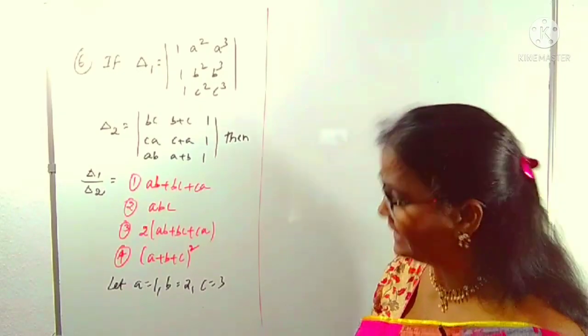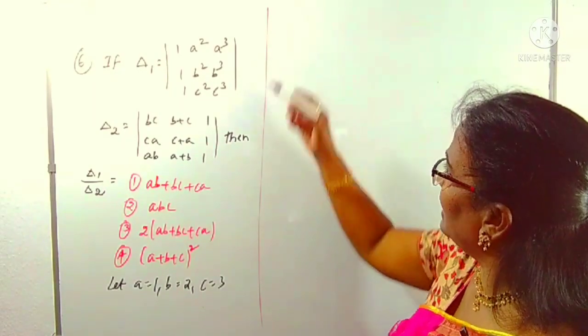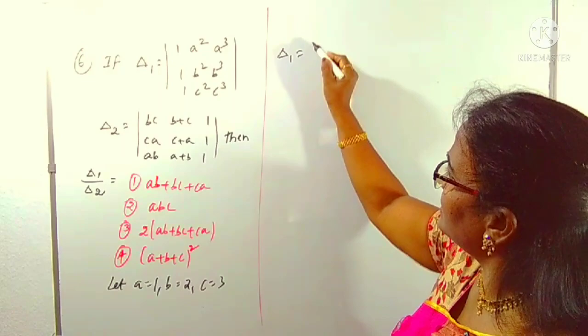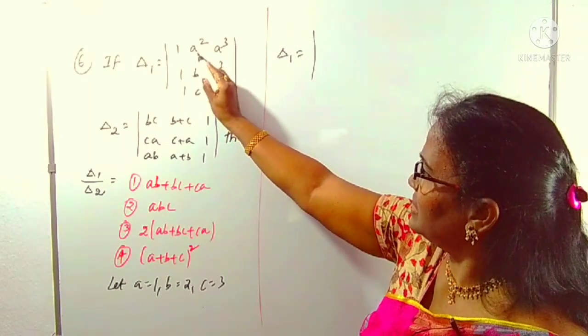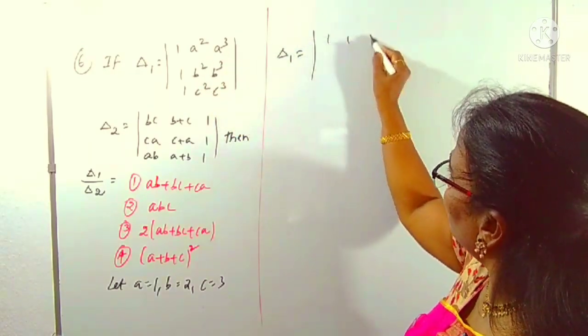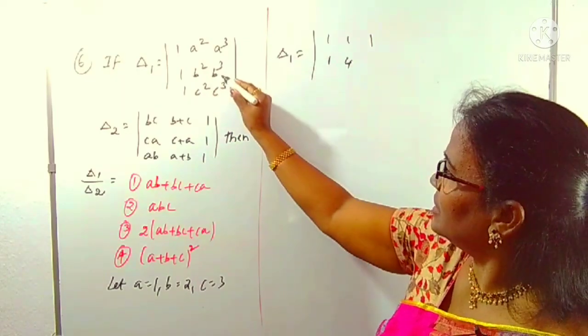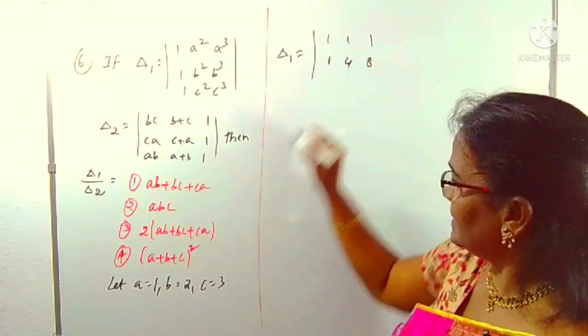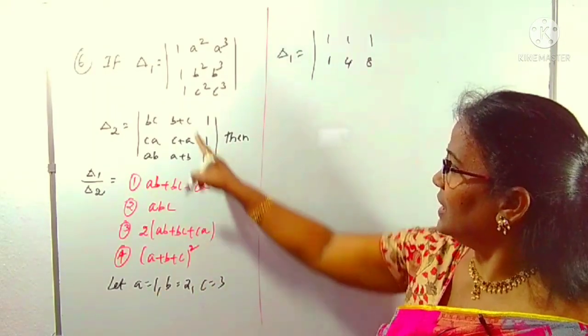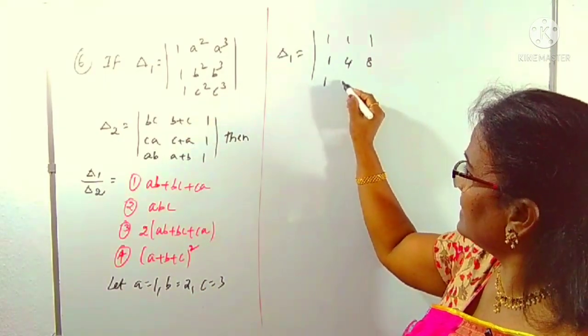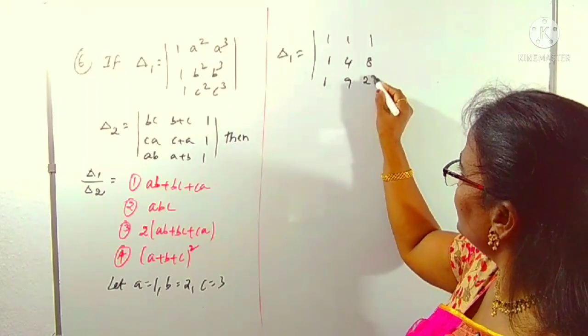Now we can think about the delta 1 value. Delta 1 means the first determinant. First row: 1, A is 1, A square is 1, so 1, 1, 1. Second row: 1, B is 2, B square is 4, B cube is 8. Third row: 1, C is 3, 3 square is 9, 3 cube is 27.